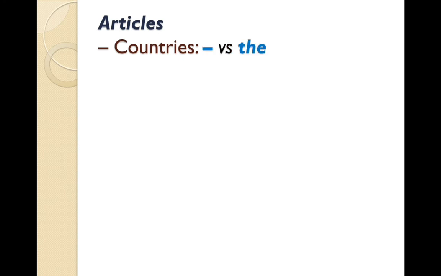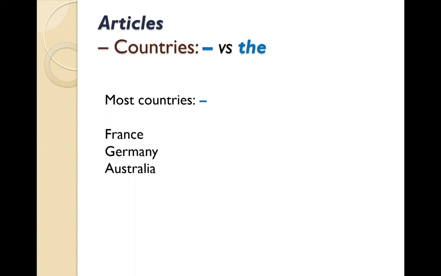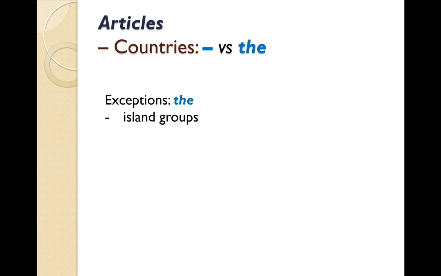Countries, so zero article versus the. For most countries, we don't use an article. France, Germany, Australia, Nigeria, Japan, Cambodia, England, just to name a few there, no article. There are some exceptions where we use the.